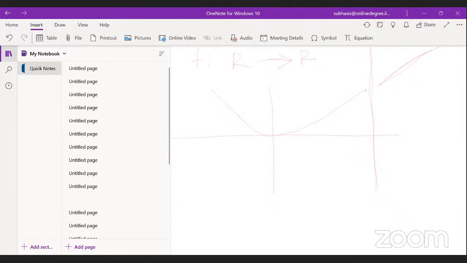There is no intersection of this line and this given curve, right? So then you can say that for this particular point, you don't have a pre-image.